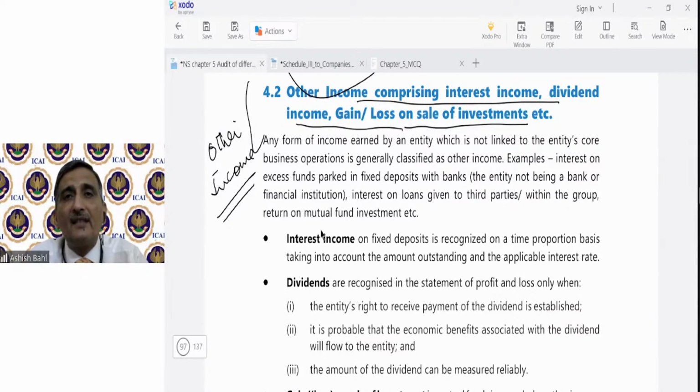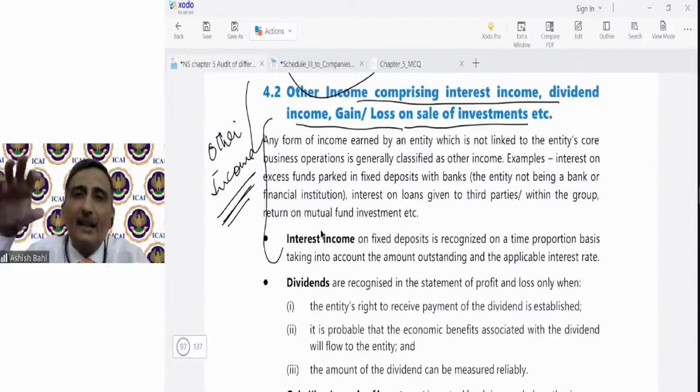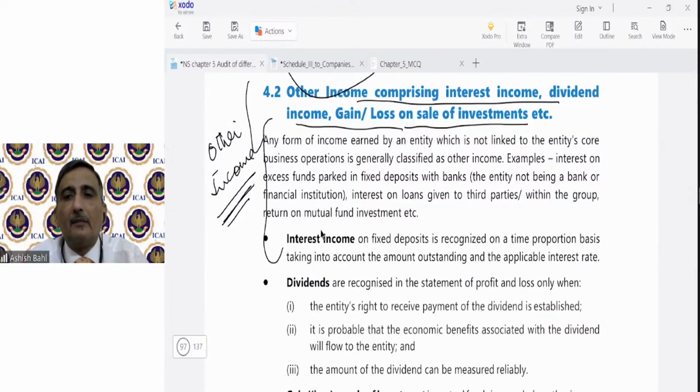These would be reflected in other income. Why? Because these are not part of the core operating revenue. So it is a residuary head in Schedule 3 pertaining to other income.